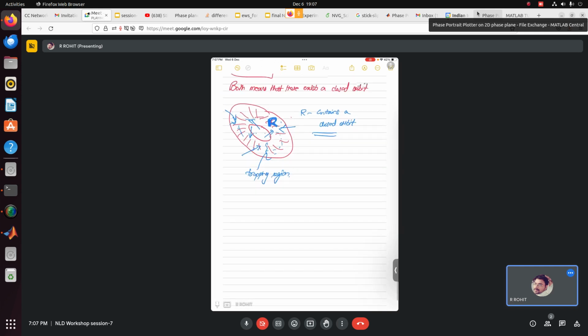An important thing from the Poincare-Bendixson theorem is that it is one of the central results, which says that the dynamical possibilities in the phase plane are very limited, because either it can spiral towards a fixed point, which is the only thing it can do.